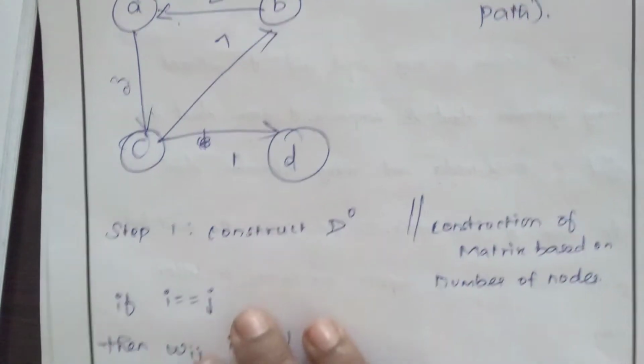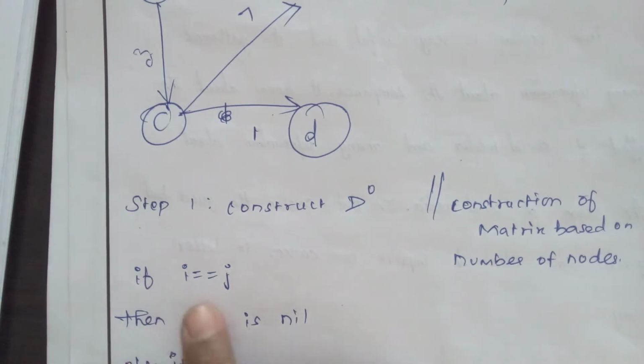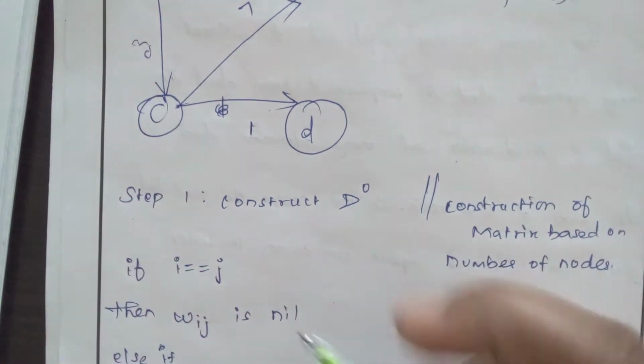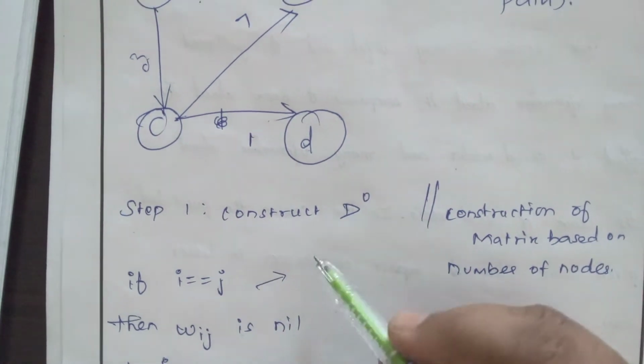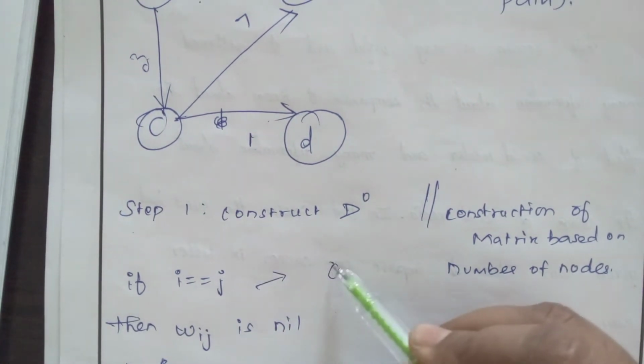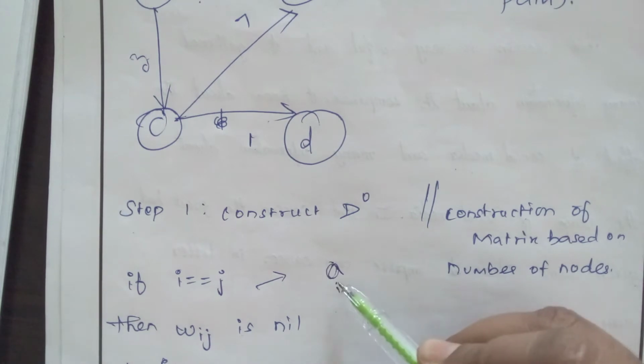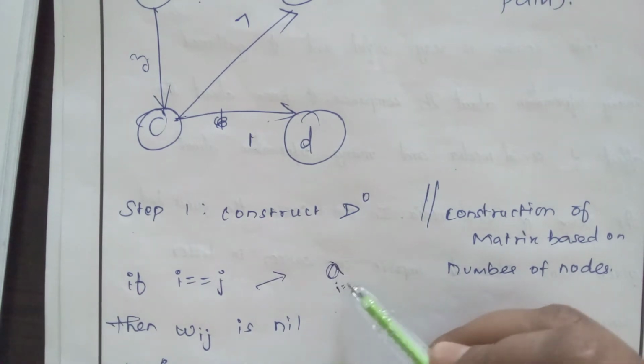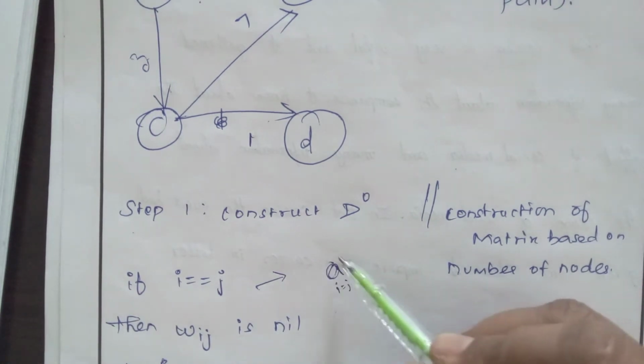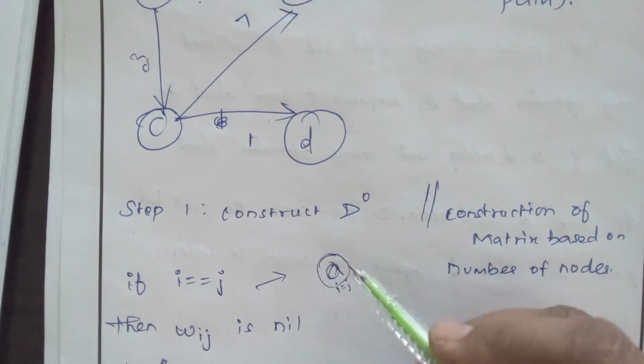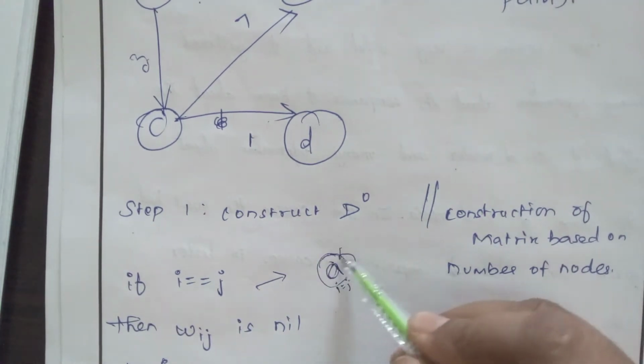If i equals j, that means only one node is there. A is i and also j. Only one node means the weight is 0, there is no weight.